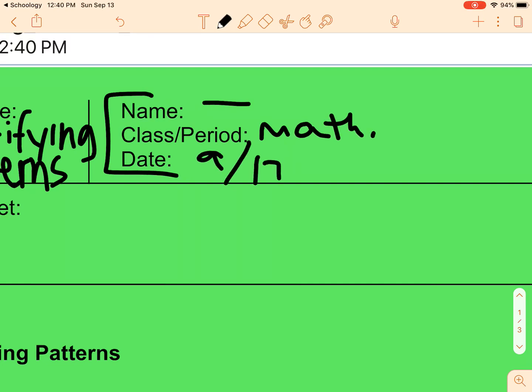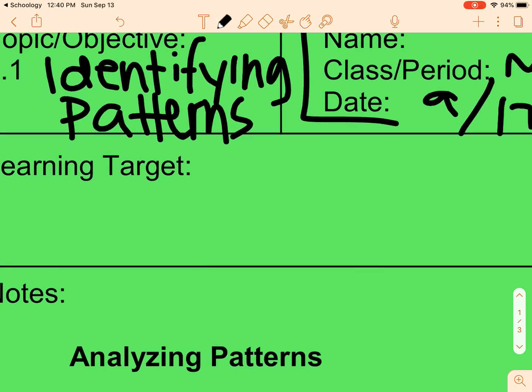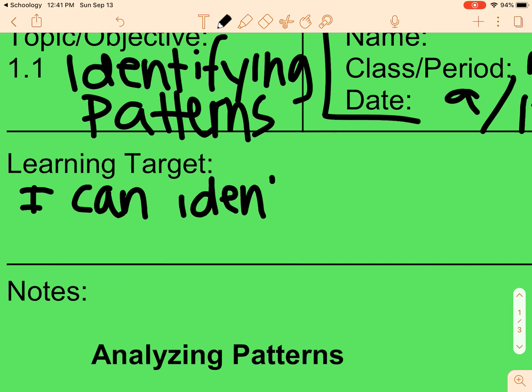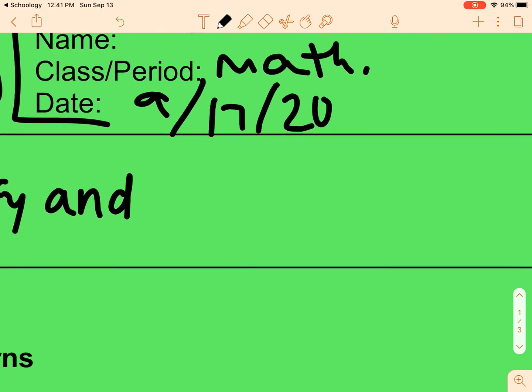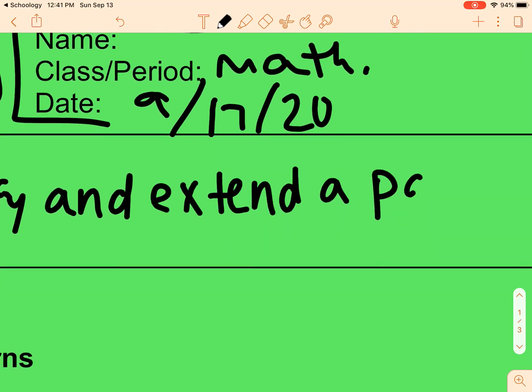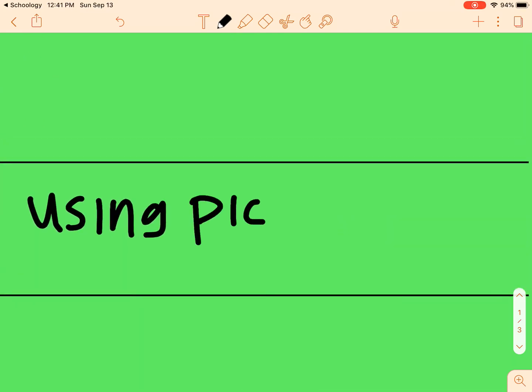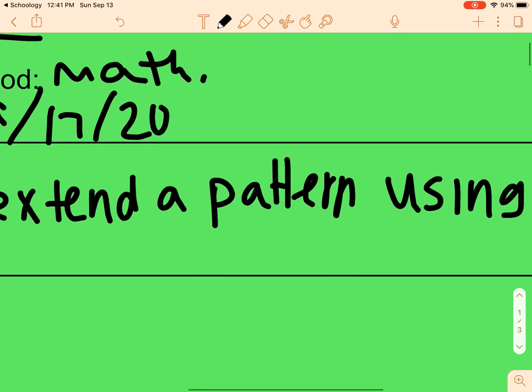We're 9/17. And our learning target is, I can identify and extend a pattern using pictures or a list of numbers.